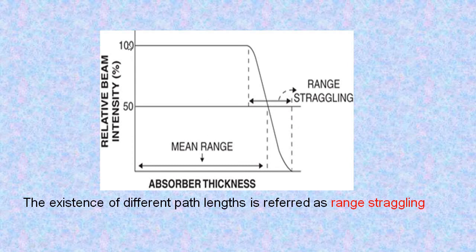So most particles have a range up to here, and only a few reach somewhat like this, here, here, etc. This is the maximum number of particles, and this is the minimum number, and you are calling this the range straggling. So particles have a range from this point to this point, and this is of course your mean range, and this spread you are calling the range straggling.